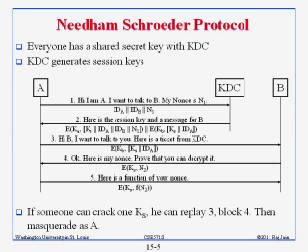Then another encrypted message which is encrypted with KB, B's key, and that has the session key KS and the ID of A. So these are not inside one another. If I read it carefully, these are two encrypted messages side by side, not one inside the other.